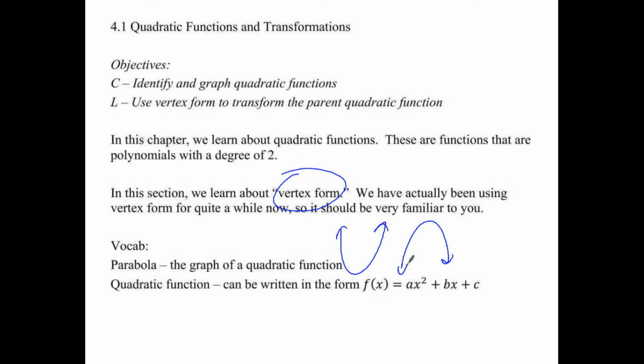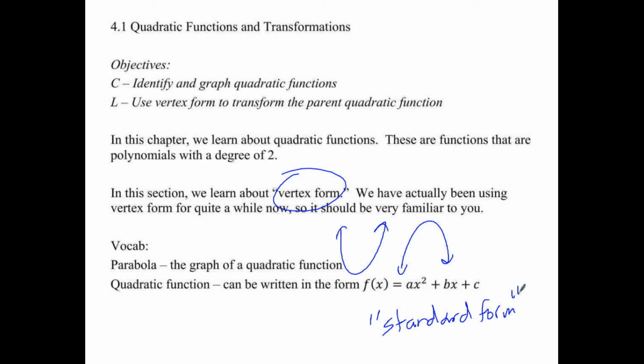Quadratic functions can be written in the form f of x equals ax squared plus bx plus c. This form that you see here is called standard form. Standard form is when we write things in order from highest degree to lowest degree.